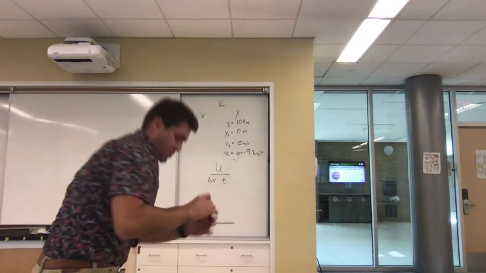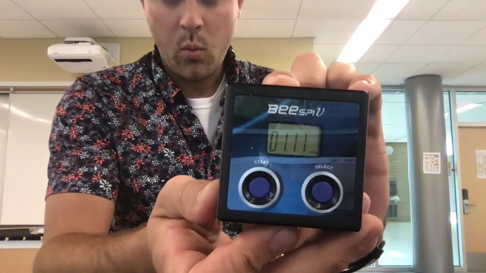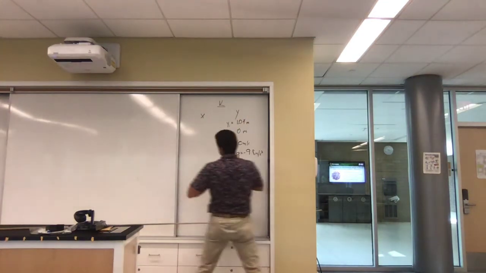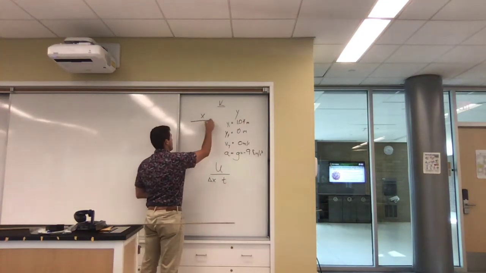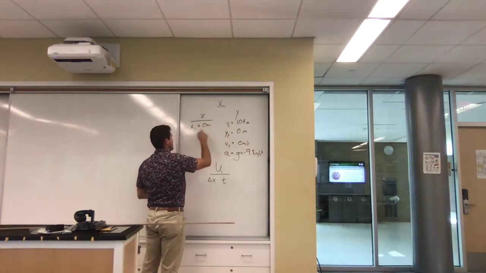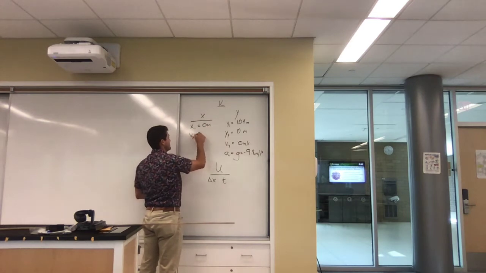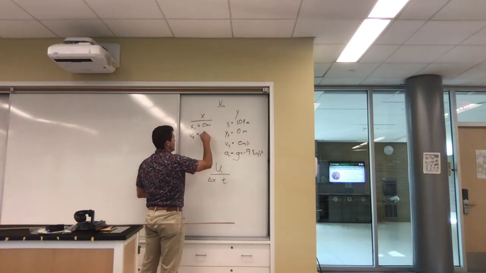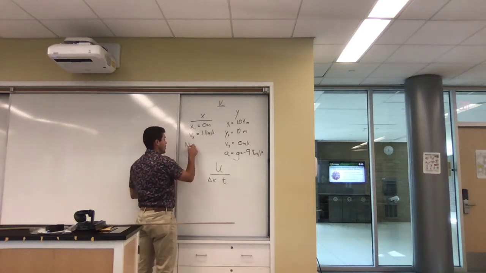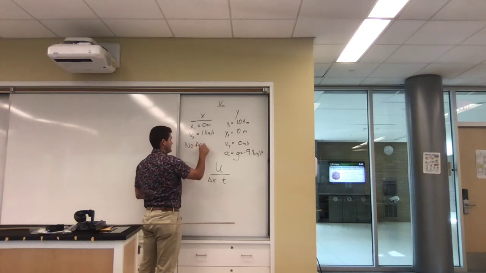All right, it looks like it was traveling at 1.11 meters per second as it left the ramp. That is my horizontal velocity. So initially, my x initial is 0 meters, but my x velocity is going to be equal to 1.11 meters per second. And remember, over here, no acceleration in the x direction.